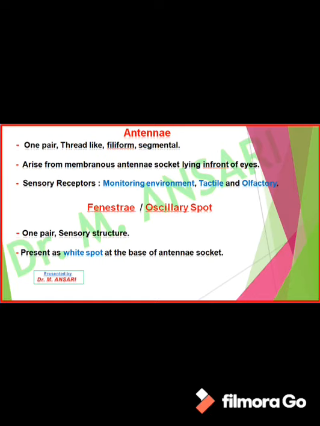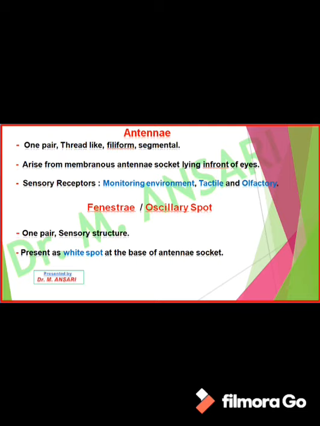In the head region, one pair of thread-like filiform and segmented antennae are also present. They arise from membranous antennae sockets lying in front of each eye.